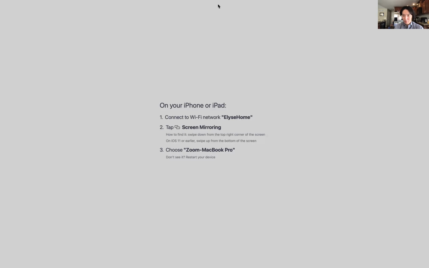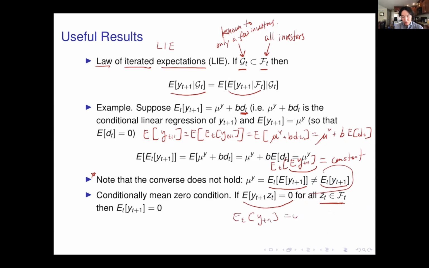Okay, another useful relationship is this. If this holds for all possible z's, then it has to be the case that this is 0.